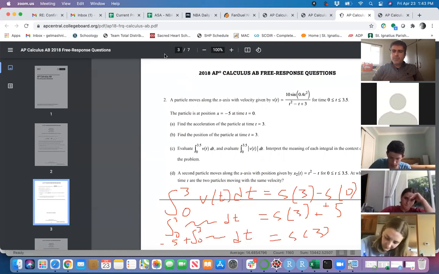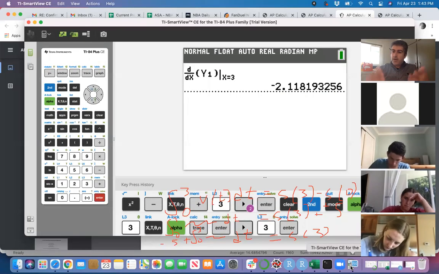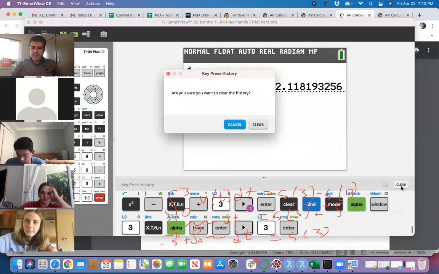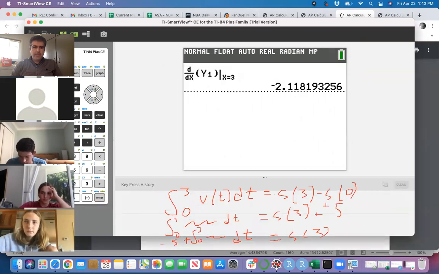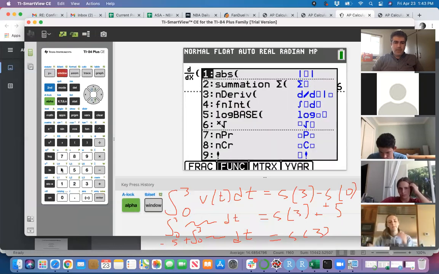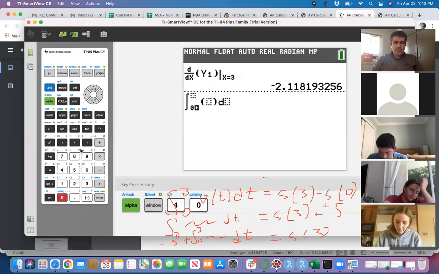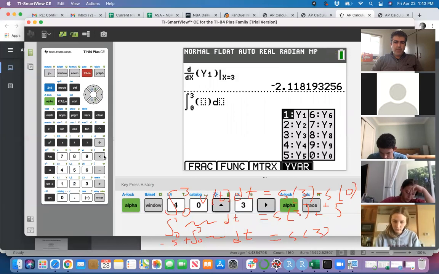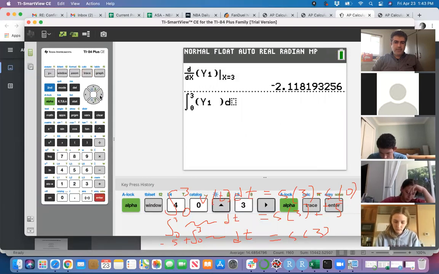Okie dokie. So I am going to go back to my calculator. I already have it stored. And actually, let me clear this other stuff here. There we go. So you can see a little better. So I already stored it. So just go alpha window, option 4, 0 to 3 of alpha trace y1 dx.